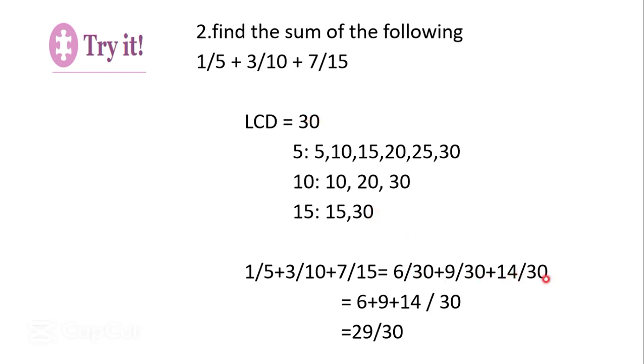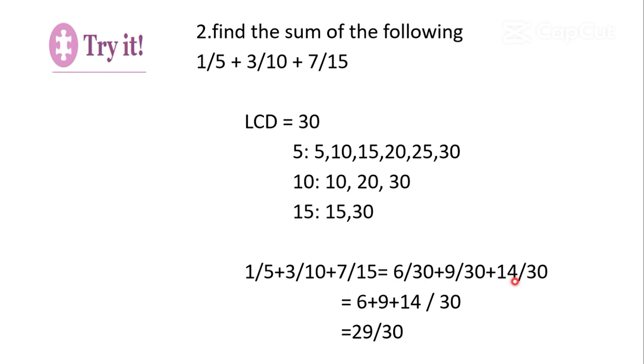Copying our LCD, then getting the equivalent fractions. 30 divided by 5 is 6, times 1 is 6. 30 divided by 10 is 3, times 3 is 9. 30 divided by 15 is 2, multiplying it by 7, it is equivalent to 14.